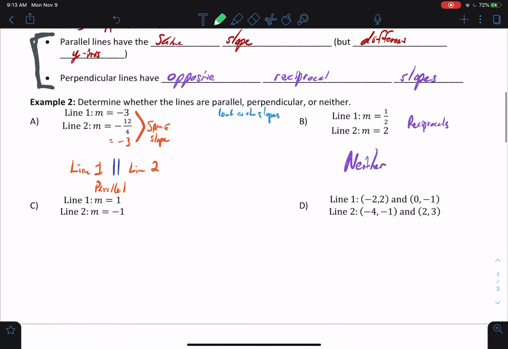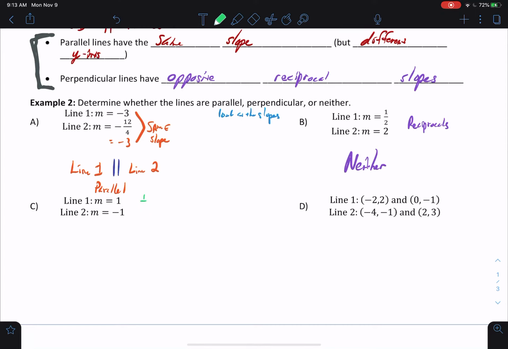Okay? What about in part C? Part C, your slope of line 1 is 1. So your rise over run is 1/1. Your slope of line 2 is negative 1, which would be negative 1/1. Okay? Notice how these are opposite reciprocals. One is positive 1, and the other is negative 1.